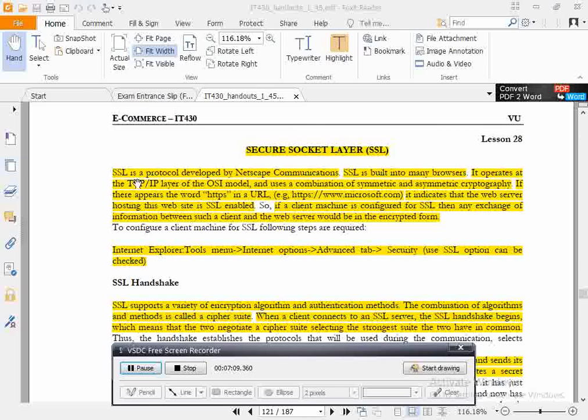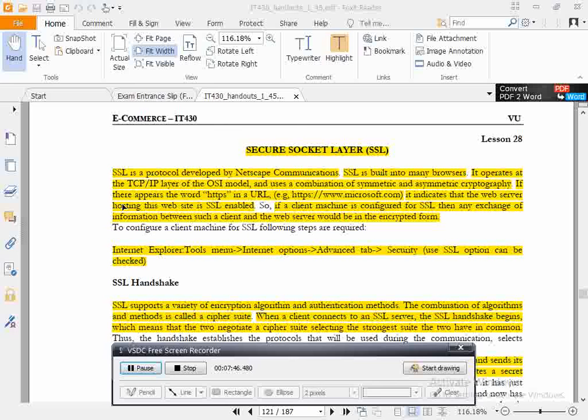SSL is a protocol developed by Netscape Communications. SSL is built into many browsers. It operates at the TCP/IP layers of the OSI model and uses a combination of symmetric and asymmetric cryptography.